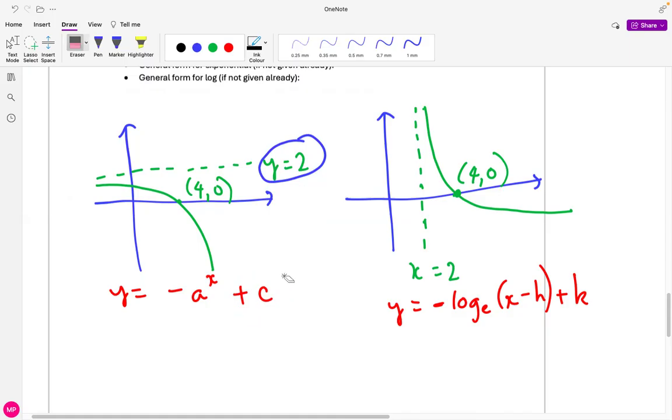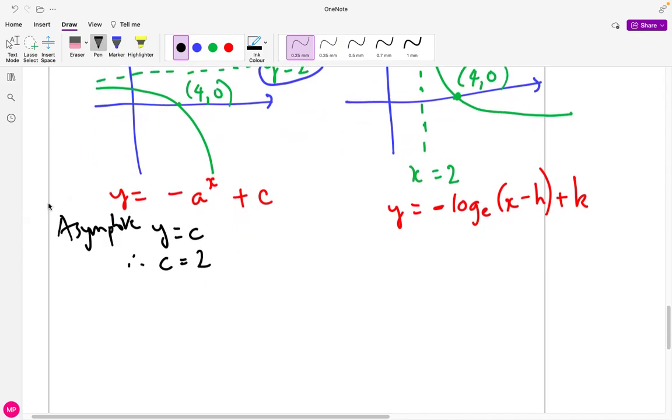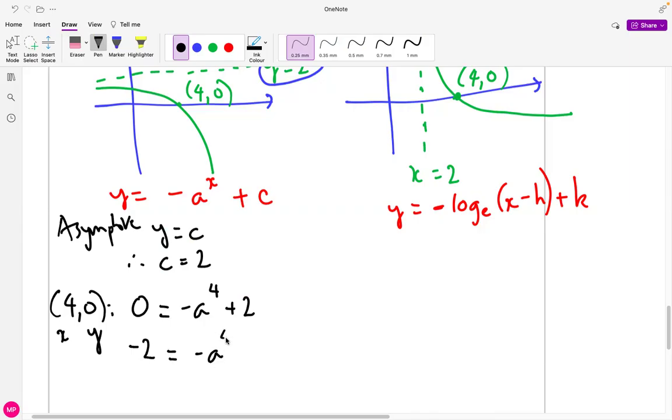So my first step is I find the C value. As we say, the asymptote here is y equals C, and they tell you y equal 2. So therefore C equal 2. And then they give me a point. I can always substitute for x and y. So I have 0 equal negative a to the power 4 plus 2. Move the 2 over, so negative 2 equal negative a to the power 4.